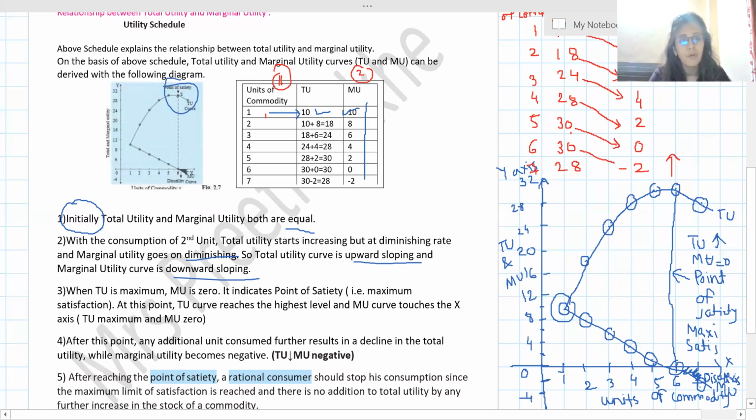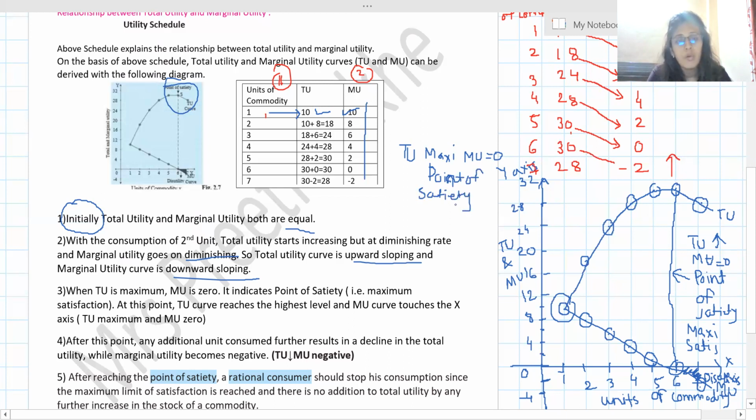And because, see, after this point TU starts falling, so TU is highest at this point, and exactly at that point MU intersects the x-axis. So on the x-axis MU is 0 when TU is highest. Remember this also, TU is maximum, MU is 0, and that point is called the point of satiety.